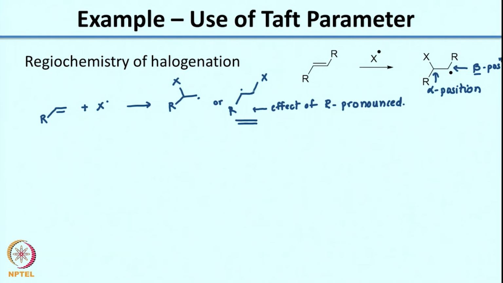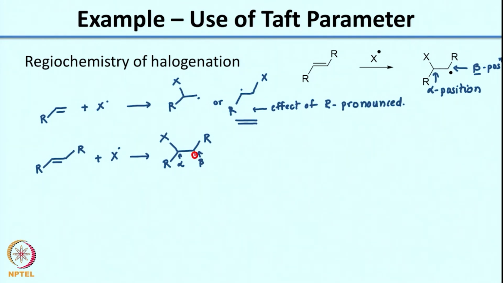Now let us look at the situation I have shown you earlier. Now suppose you have a case where you have substituents on both sides. So here again I had already defined your alpha and beta positions. I am highlighting the radical here. So this is your radical.